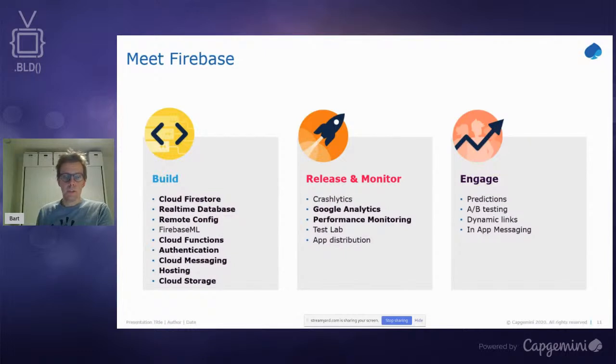Then Release and monitor, which are services focused mainly on monitoring and also to some extent testing and distributing your app. And finally, also a category called Engage, which is more about the experience that you will get from your app once you have installed it.